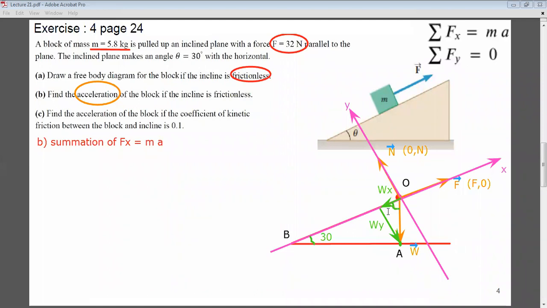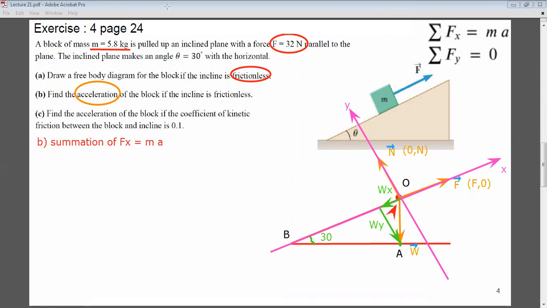I don't know if I can fit it without ruining the drawing. So just put it in your mind that if this angle is 30, then this angle over here is 60.